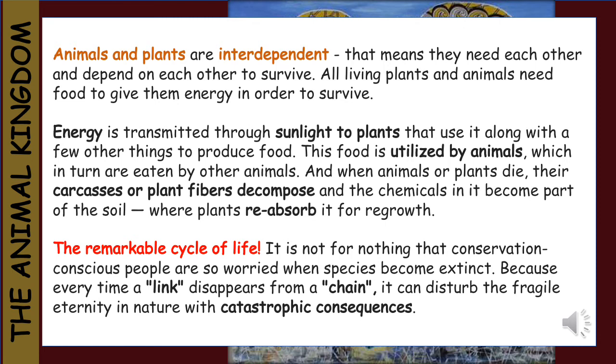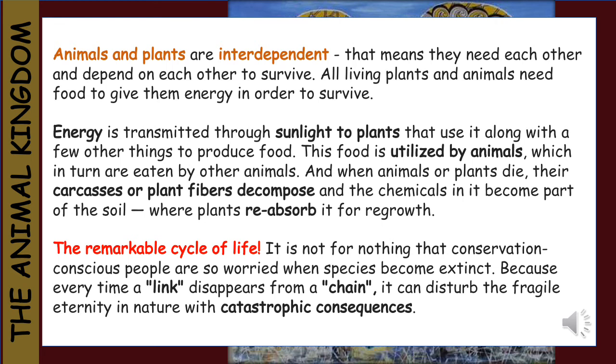This food is utilized by animals, which in turn are eaten by other animals. And when animals and plants die, their carcasses and plant fibers decompose, and the chemicals in it become part of the soil, where plants reabsorb it for regrowth. The remarkable cycle of life.